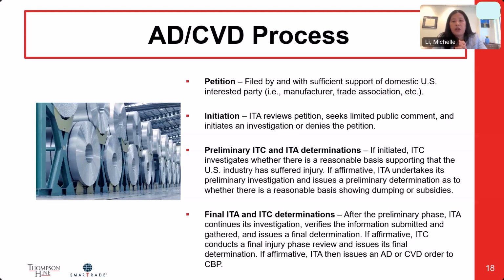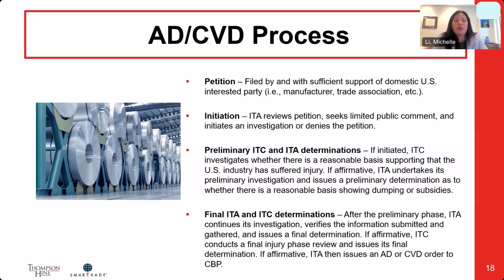Then we initiate the investigation or decide to deny the petition. Chances are Commerce will highly likely initiate an investigation, based on its track record of the past 5 years.